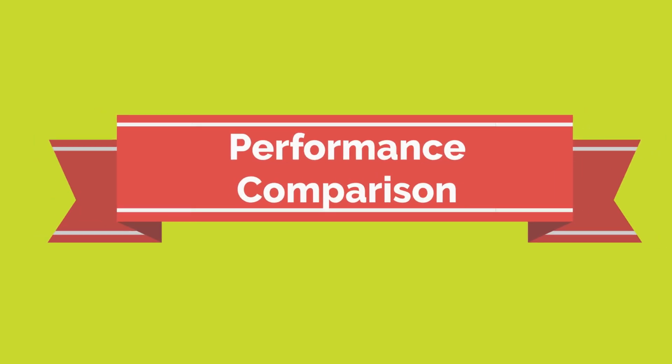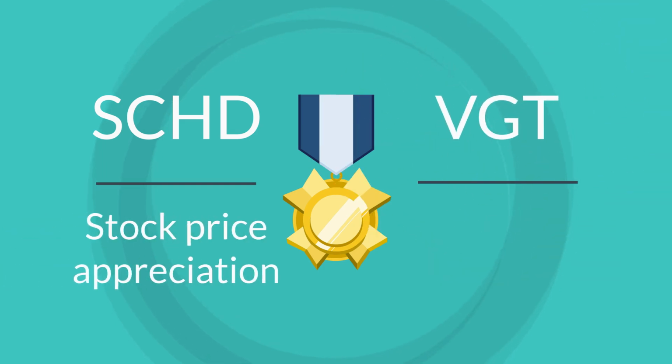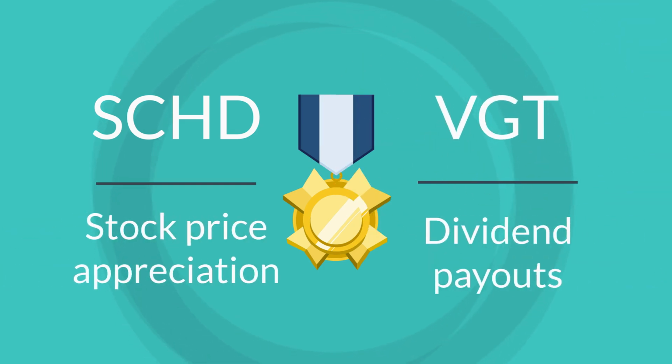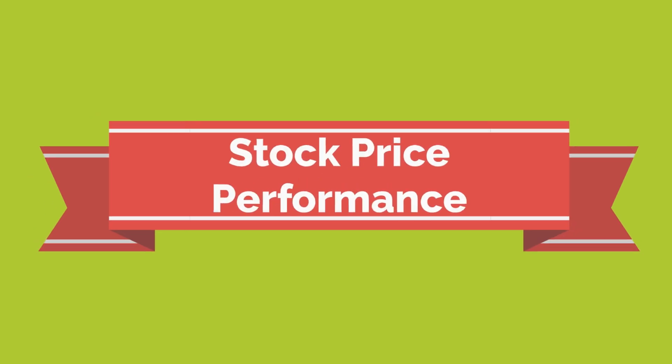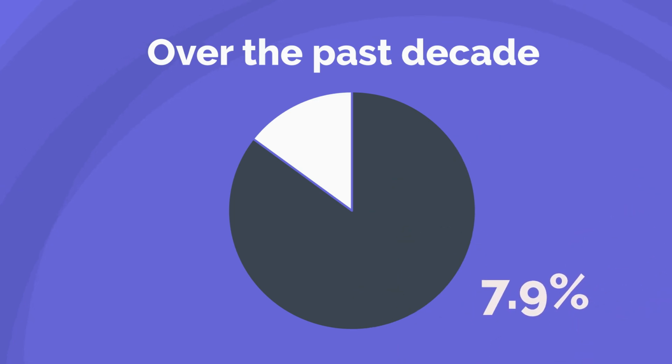Performance comparison. When evaluating SCHD and VGT, one of the most critical aspects to consider is their performance, both in terms of stock price appreciation and dividend payouts. Stock price performance. Over the past decade, SCHD has demonstrated solid performance with an average annual share price appreciation of around 7.9%.